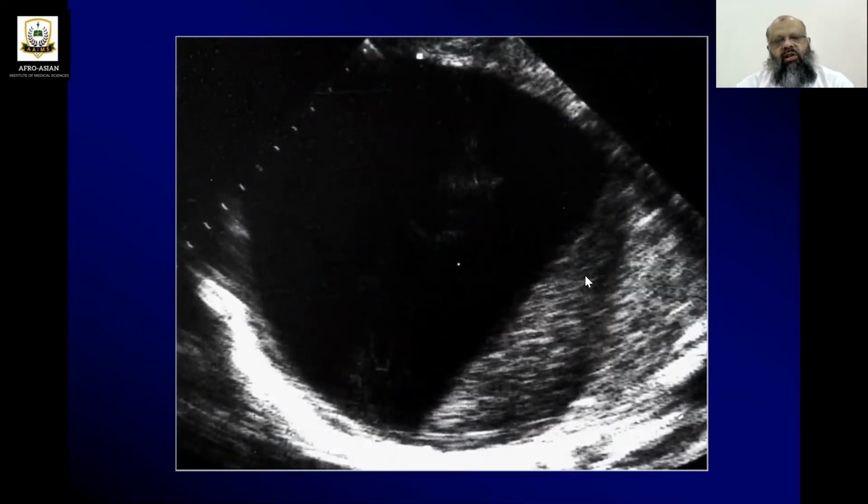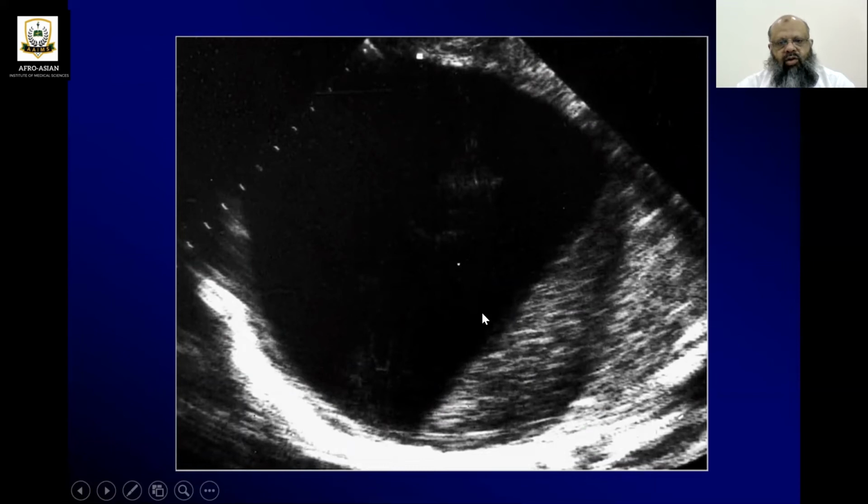Here is a cyst with fluid level. So this type of fluid level will be seen when there is debris or the debris is blood, which can be seen in hemorrhagic cysts.